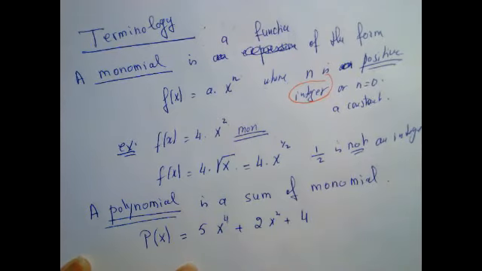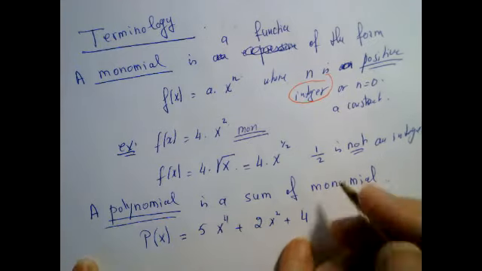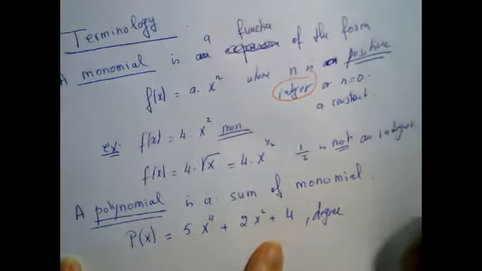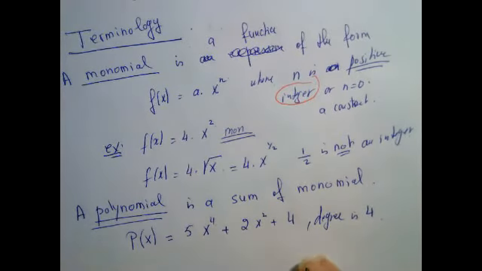That's a typical polynomial. And the degree of the polynomial is the highest power of x that shows up. So here the degree of this polynomial, that's the word, I'm sure you know, the degree here is the highest power, which is 4.